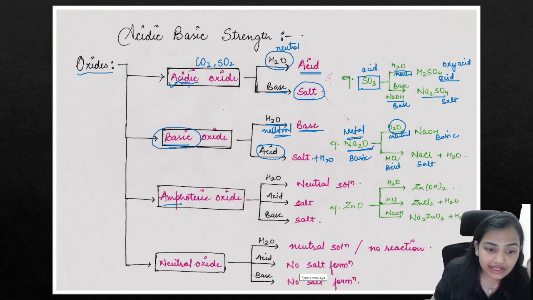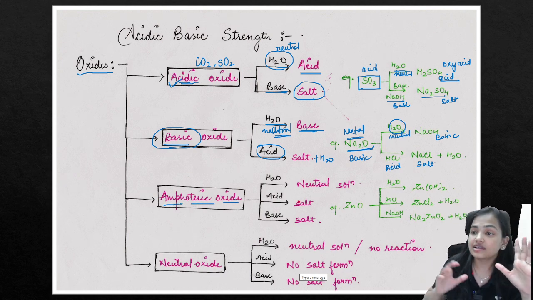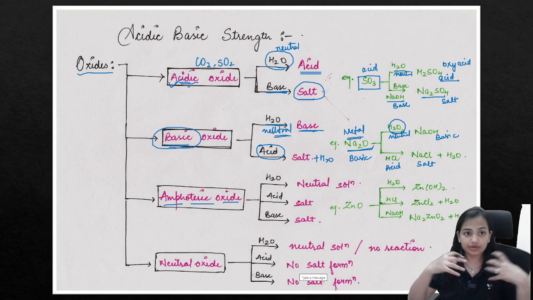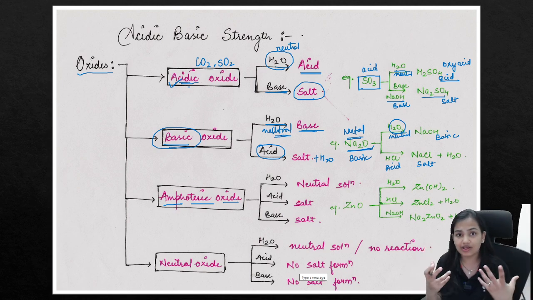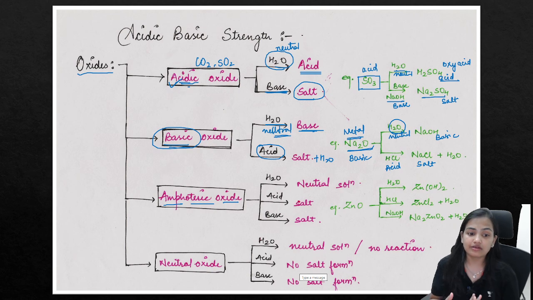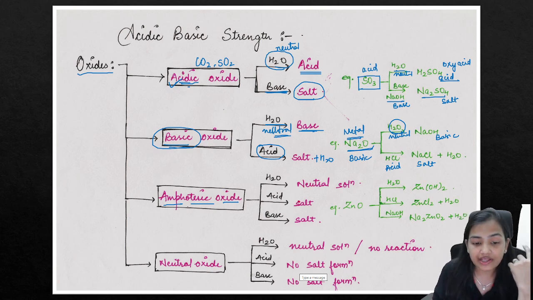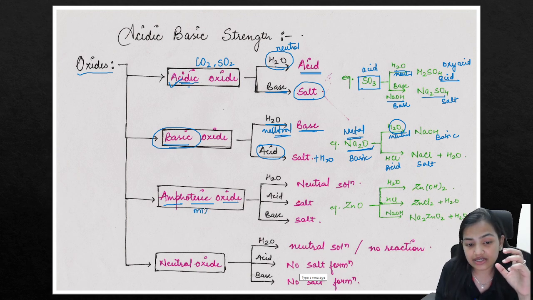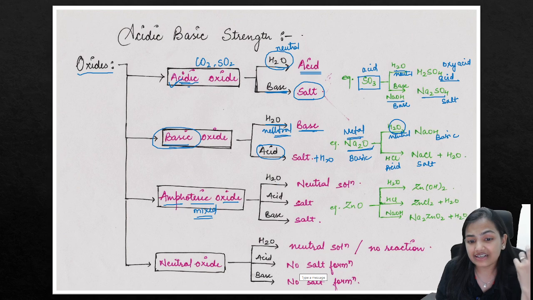Now, what do we mean by an amphoteric oxide? Amphoteric means having both properties, metallic and non-metallic, and therefore behaving like both of them together. Whenever you have an amphoteric oxide, which has a mixed behavior, when you put it into water, which is neutral, you will get a neutral solution.